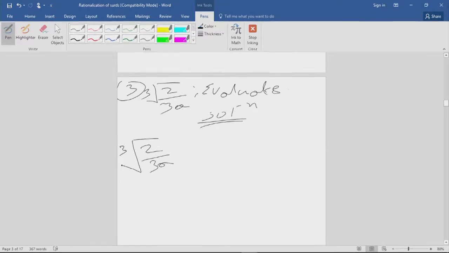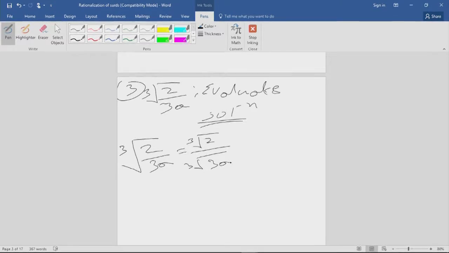In a situation like this, we are going to distribute, cube root of 2 all upon the cube root of 3a. So now our rational term there is what? The cube root of 3a.